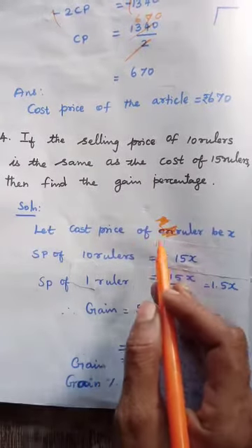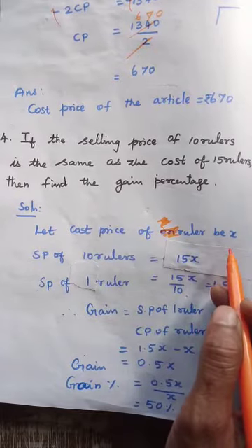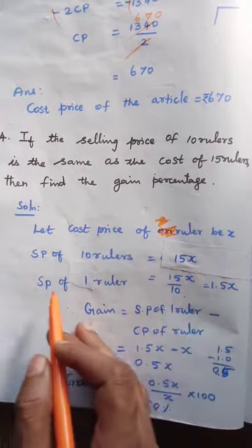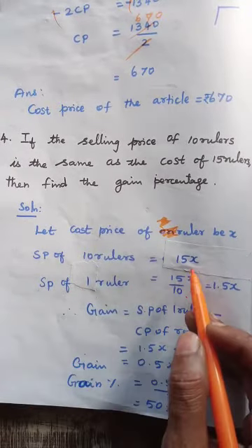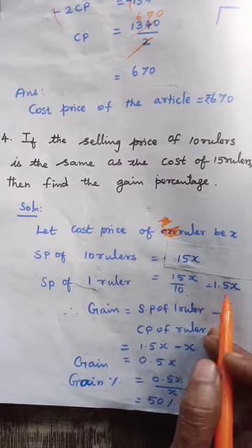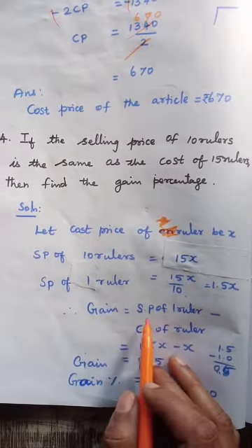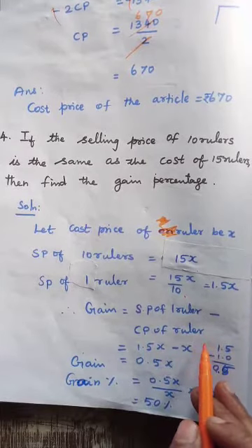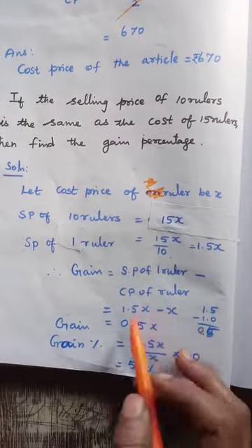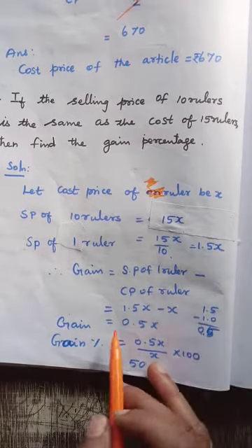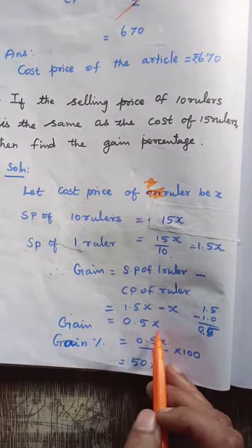SP of 10 rulers is equal to 15x. SP of 1 ruler is equal to 15 by 10x, that is 1.5x. So gain is equal to SP of 1 ruler minus CP of 1 ruler. 1.5x minus x, that is 0.5x.